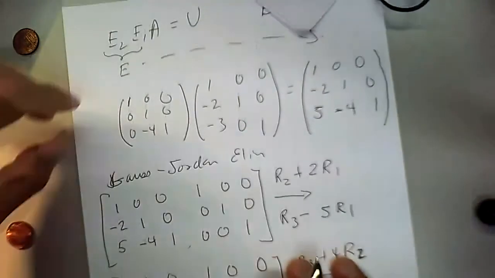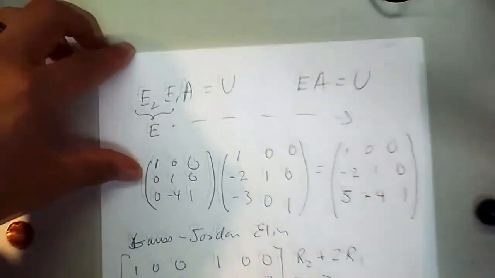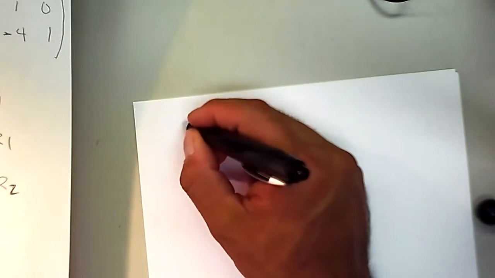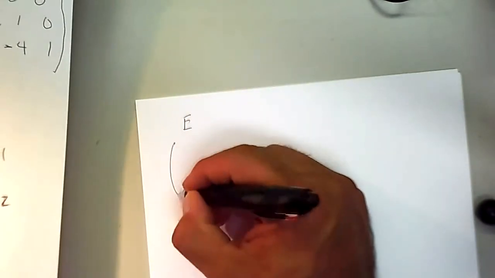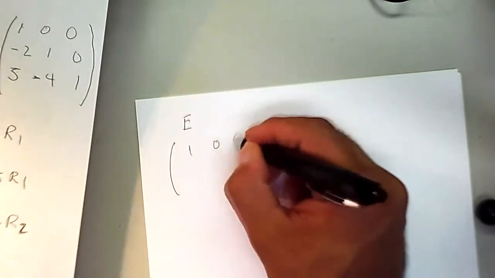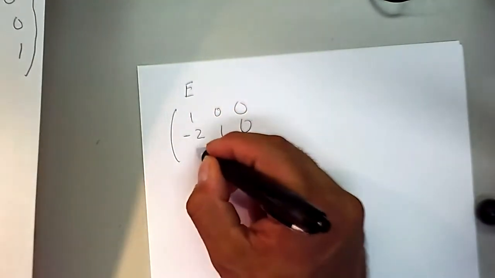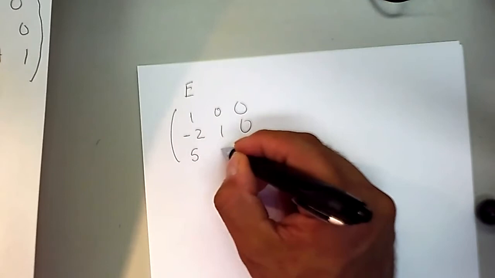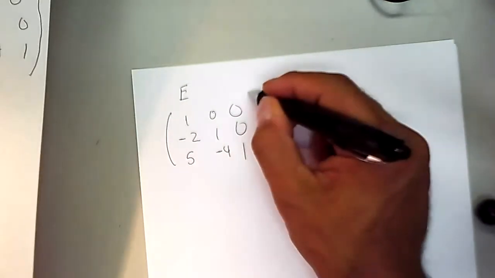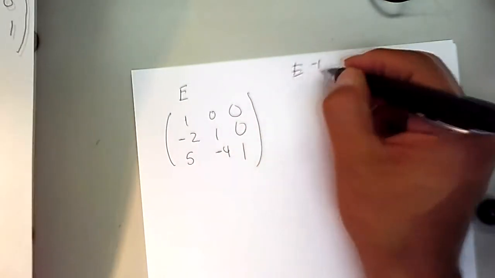So E is the matrix 1, 0, 0, negative 2, 1, 0, 5, negative 4, 1. We claim we found the inverse.